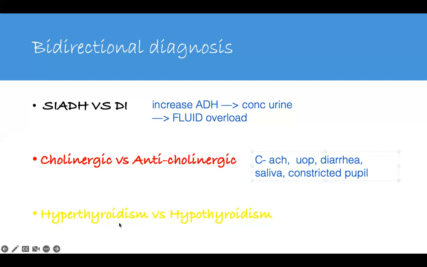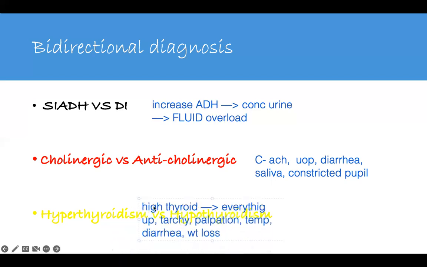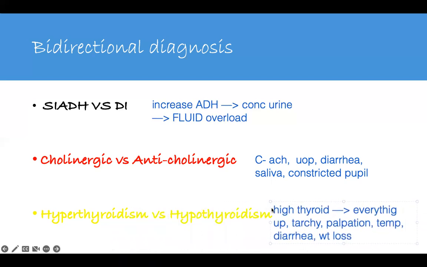Similarly, hyperthyroidism. How can you make it simple? Simple: you have high thyroid hormone. And what would it lead to? Well, everything is up. Therefore, I have tachycardia, palpitations, temperature is high, you have diarrhea, and the only thing that goes down is weight loss, because of the increased metabolic rate of hyperthyroidism.